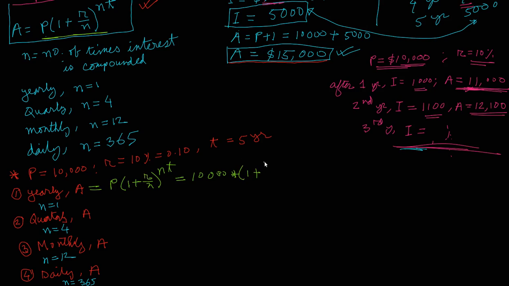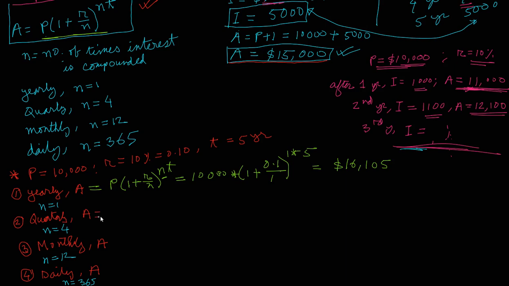R is 0.10. And what is my N? For this case it is 1. And NT, so N is 1 multiplied by T is 5. If you punch the calculator, you are going to find that John has to pay back $16,105.